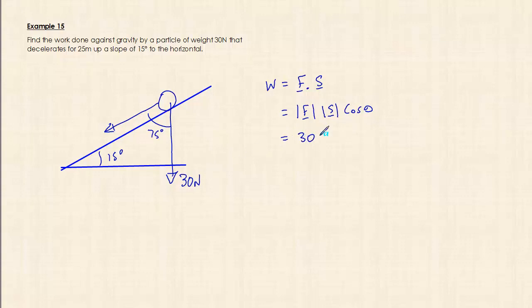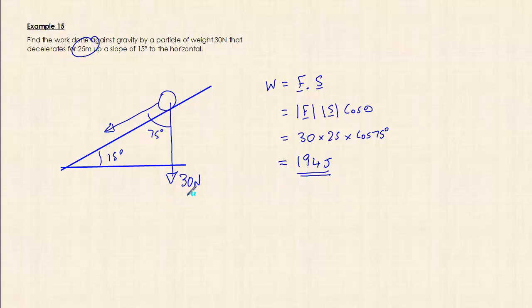The weight is 30. The displacement is 25 meters. And the angle between them is 75 degrees. Calculating, that gives us approximately 194 joules.